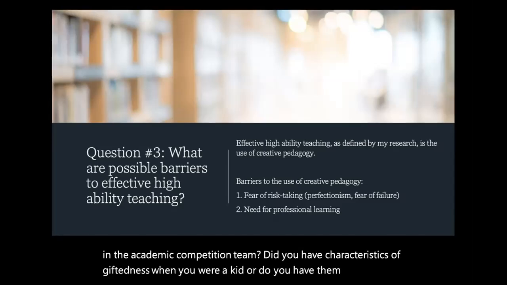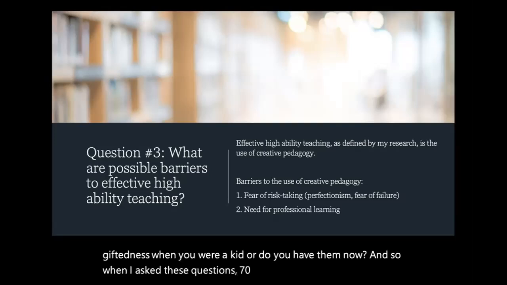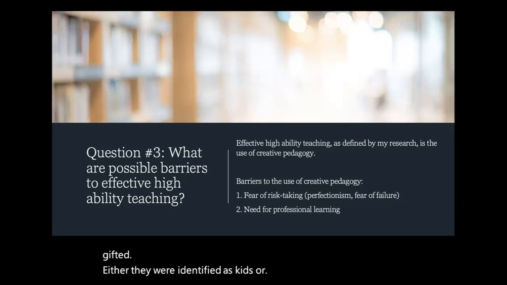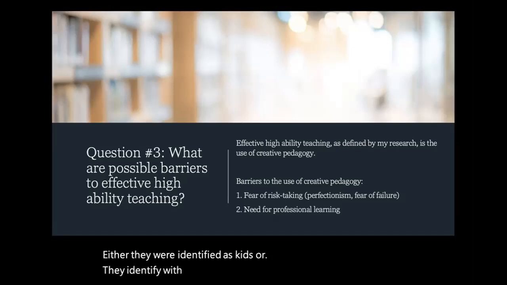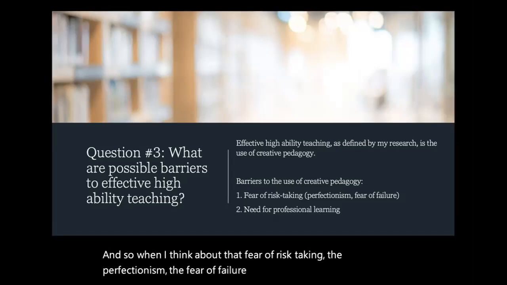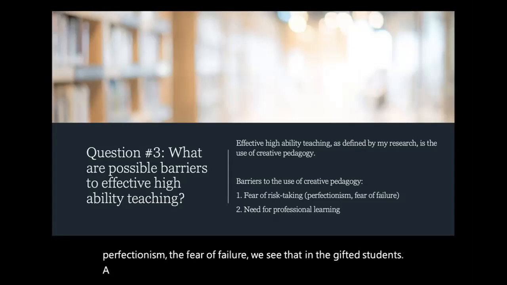And so when I asked these questions, 72% of my staff self-identify as gifted. Either they were identified as kids or they identify with those characteristics. And so when I think about that fear of risk taking, the perfectionism, the fear of failure, we see that in the gifted students a lot. They want a clear-cut answer to things. They don't like ambiguity.